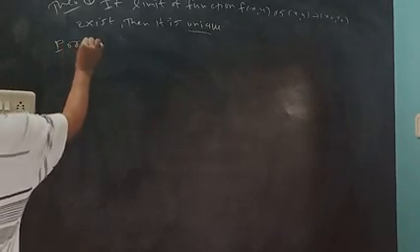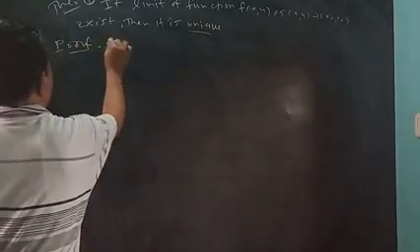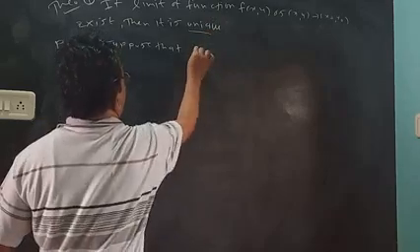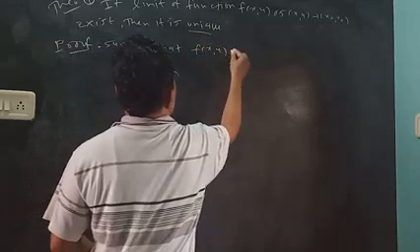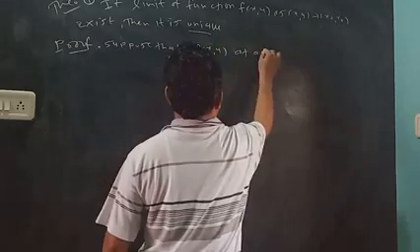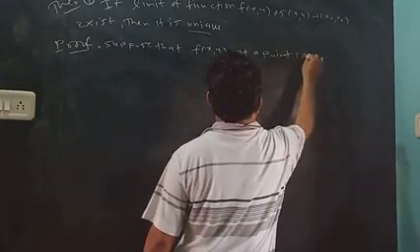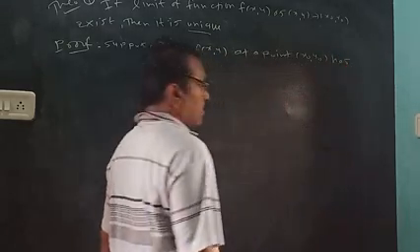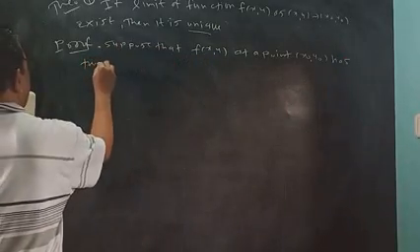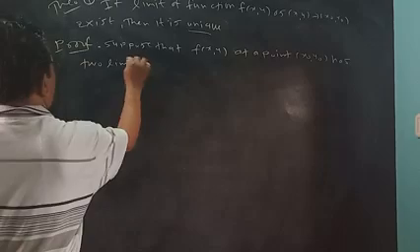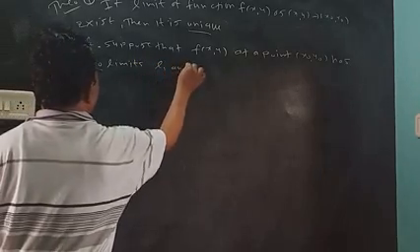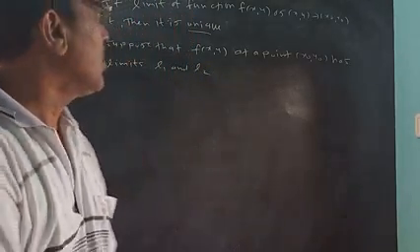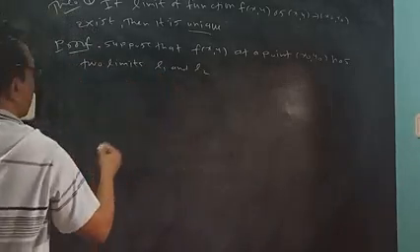Proof: suppose that this function f of x,y at a point (x0,y0) has two limits, L1 and L2.